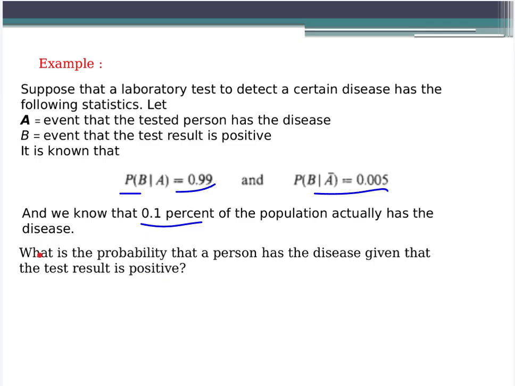But the question is now this. What is the probability that a person has the disease given that the test result is positive? Again I repeat, what is the probability that a person has the disease given that the test result is positive?